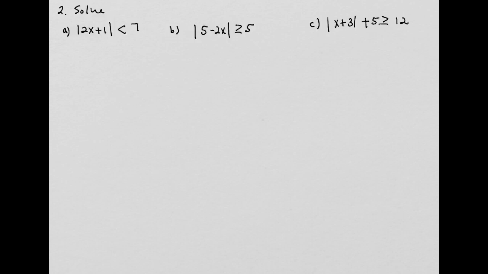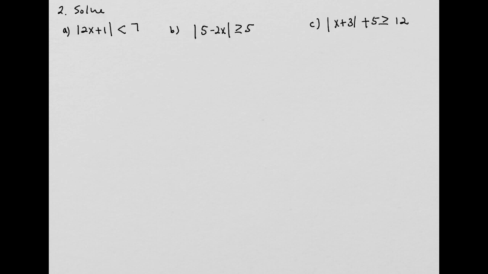So let's try example A. I see the absolute value of 2x plus 1 less than 7. So the first thing I have to realize is one side is just absolute value, nothing else attached to it. Then I should be able to drop the absolute value and put plus minus sign on the other side.